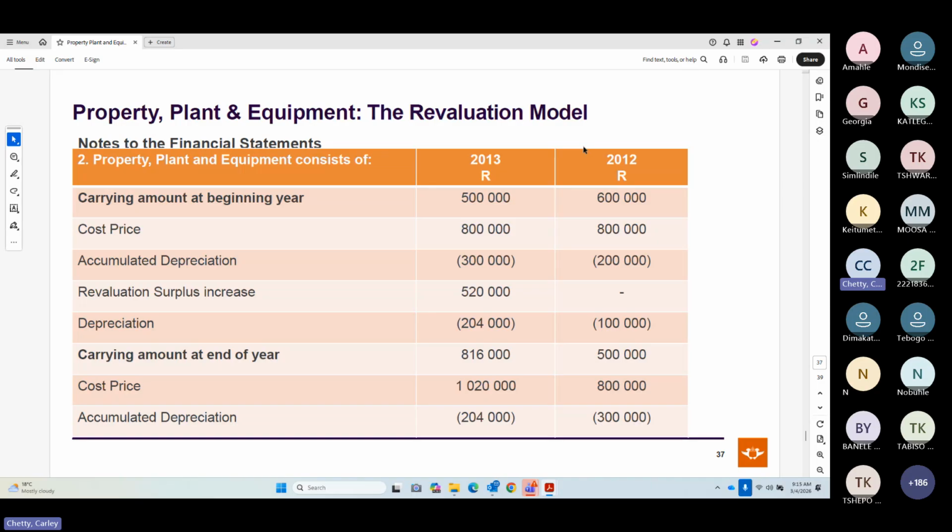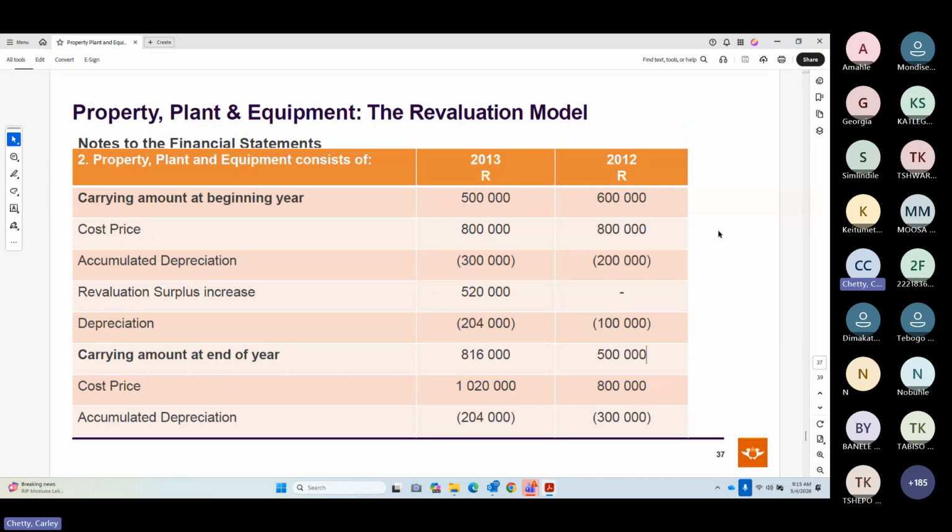So under the cost model, we probably could have impairments that will be disclosed in the note. But under the revaluation model, for purposes of this module, you won't have impairments for that class of assets because impairments and the revaluation model together are scoped out for this module.